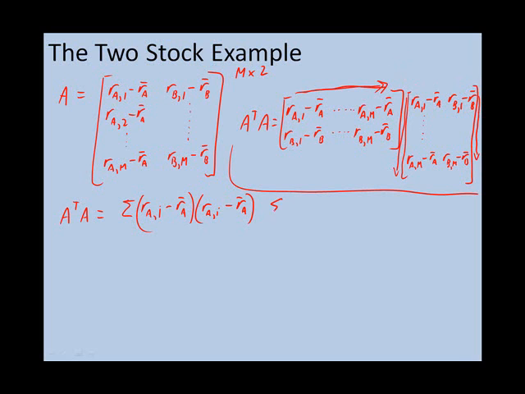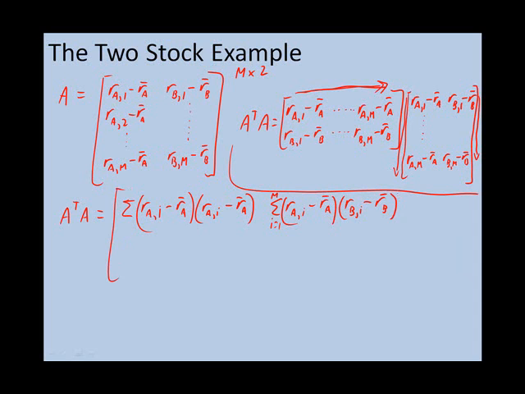So we're going to have the summation, again, from I equals 1 to M, asset A at time I minus the average return for asset A, all multiplied by the returns on asset B at time I minus the mean return on asset B.